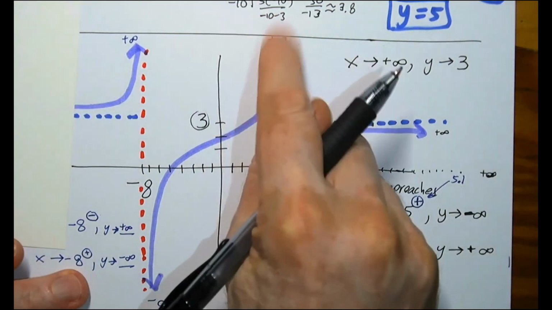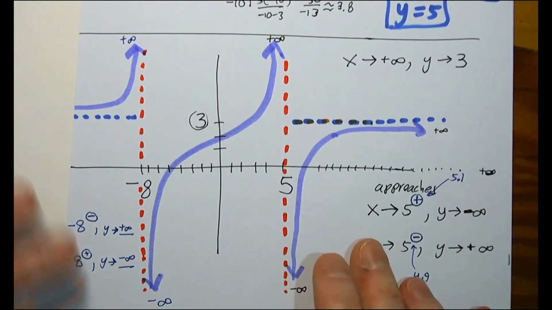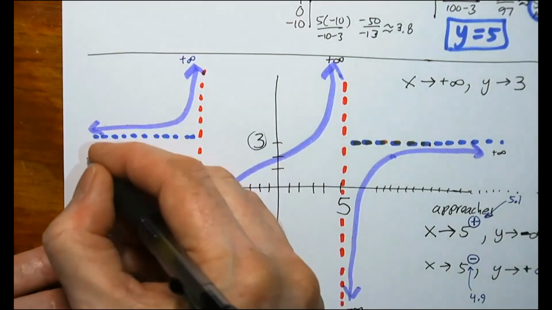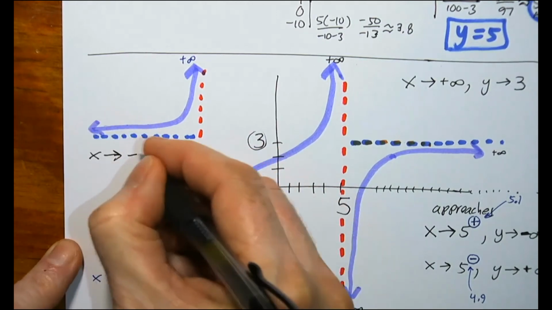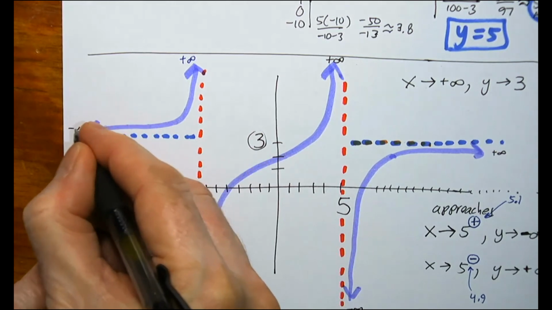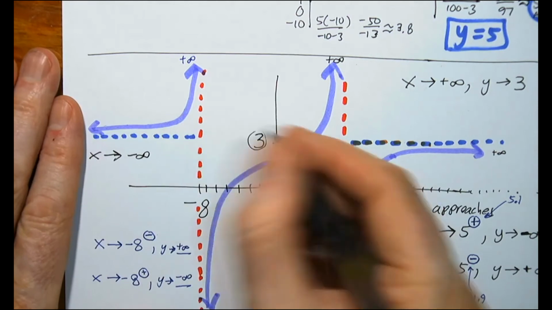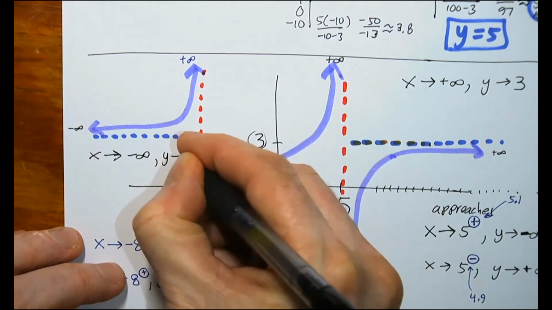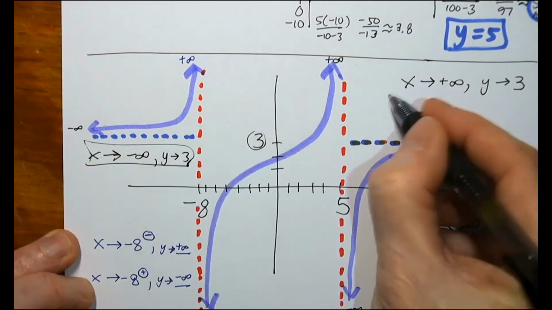Some kids are running off the top of my paper, some running off the bottom, some are just heading close to 3. Likewise over here, as these kids head to negative infinity, as they're headed off the paper, what height are they headed to? Once again, they're headed to 3. Okay, so I know that part is confusing.